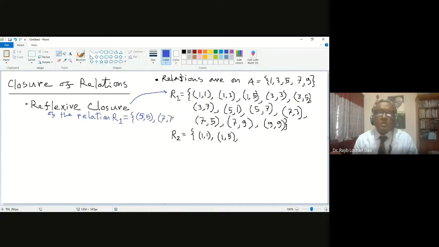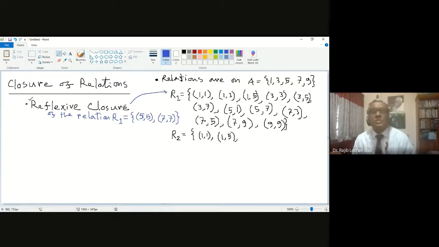Yes. So you will consider the necessary pairs which will make the relation reflexive. That will be the reflexive closure.